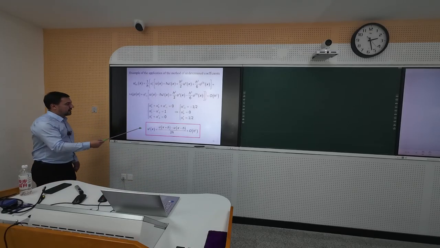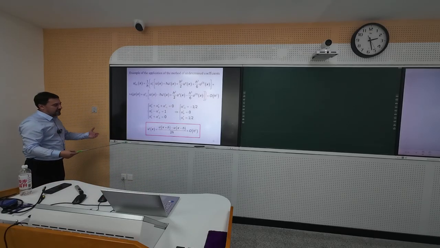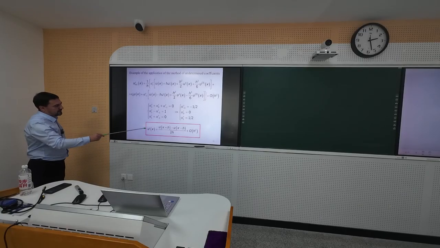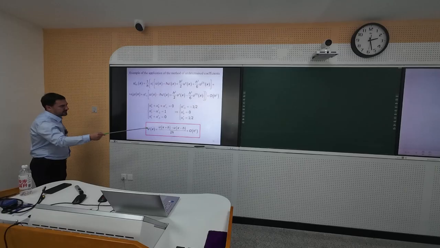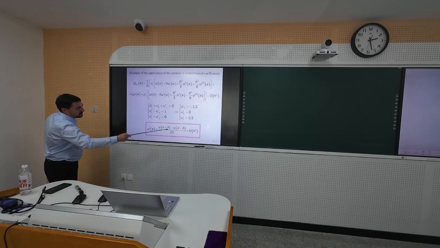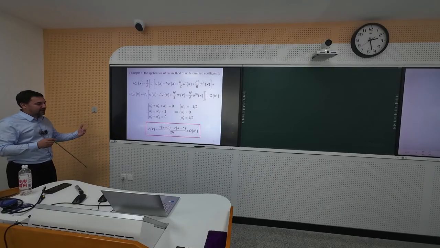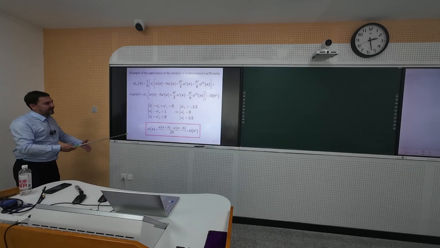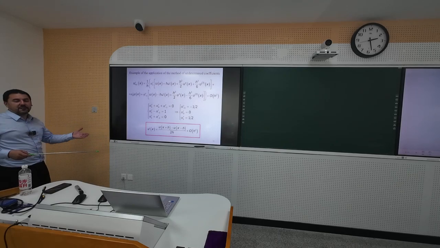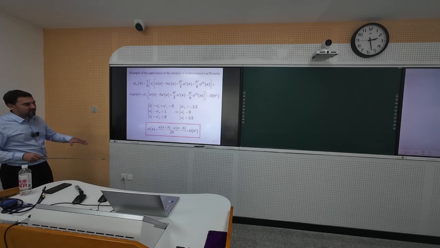And we get that the most accurate formula of numerical differentiation for u prime at point x is u of x plus h minus u of x minus h over 2h. So this is an intuitively understandable formula. You may know it, but this is the general theory underlying this formula.